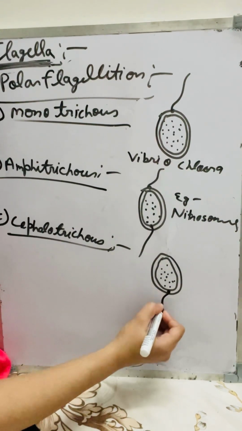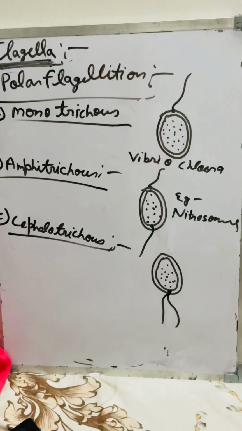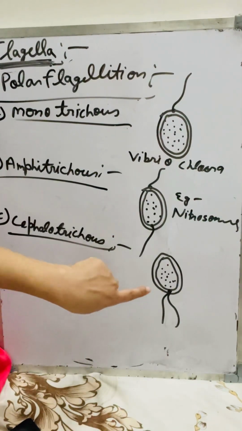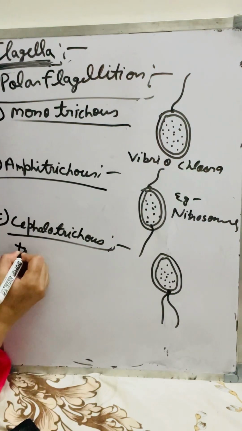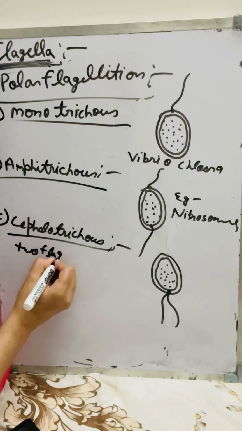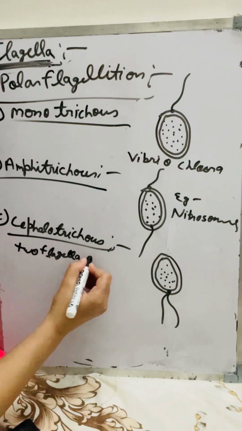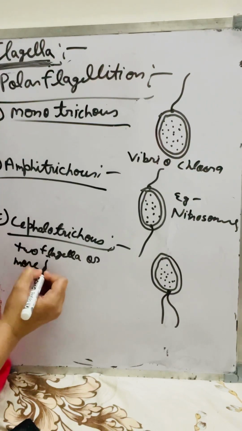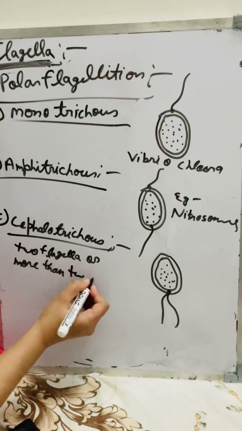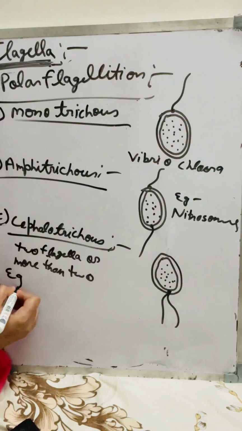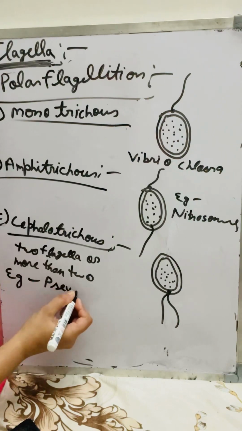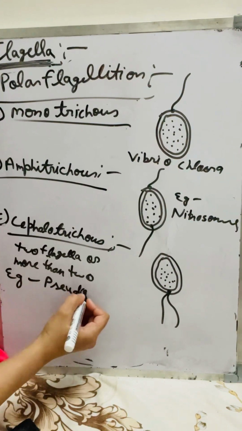Now what you are seeing, there are two flagella at one end, but it may be two flagella or more than two. This kind of bacteria is called cephalotrichous. Example, Pseudomonas, with a silent P.